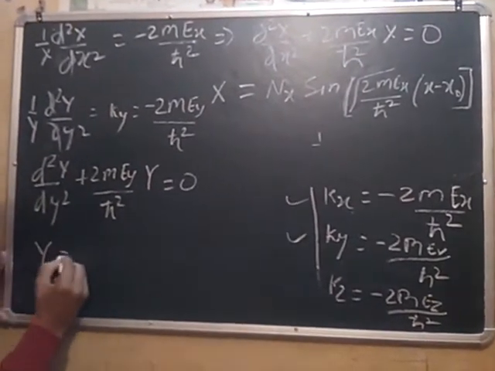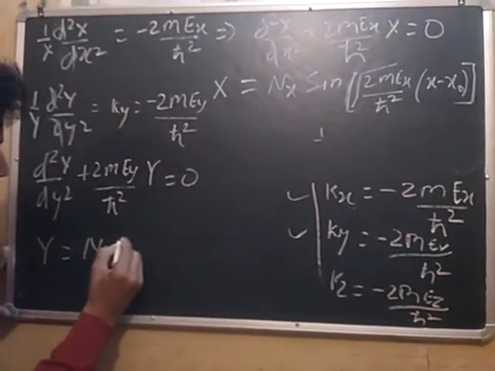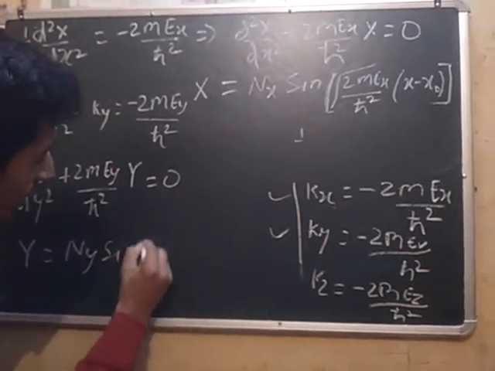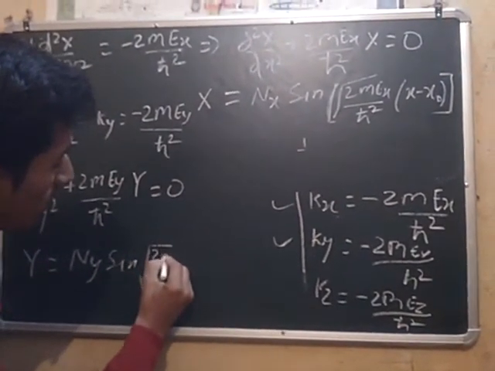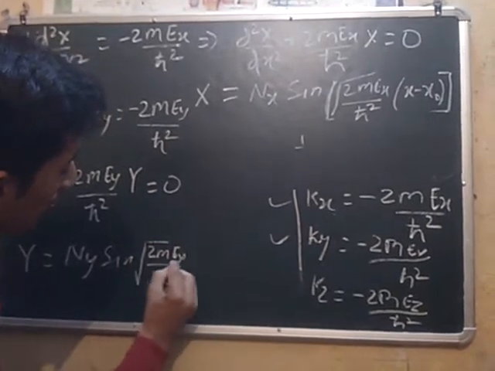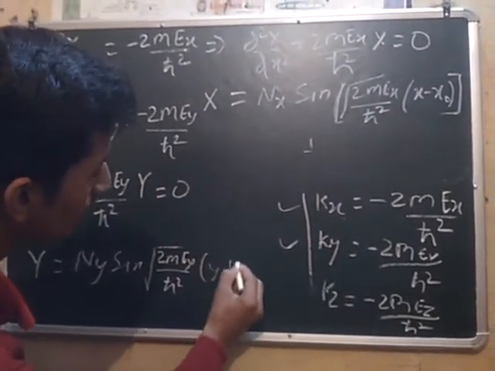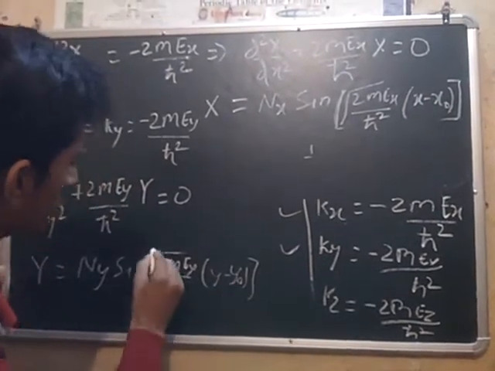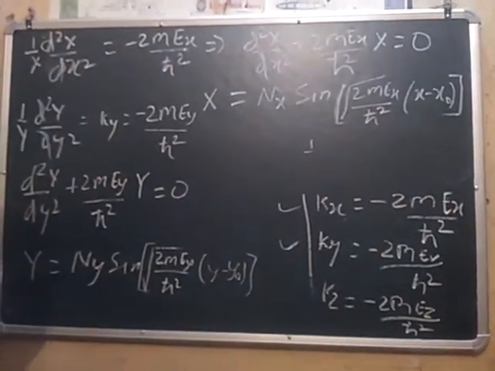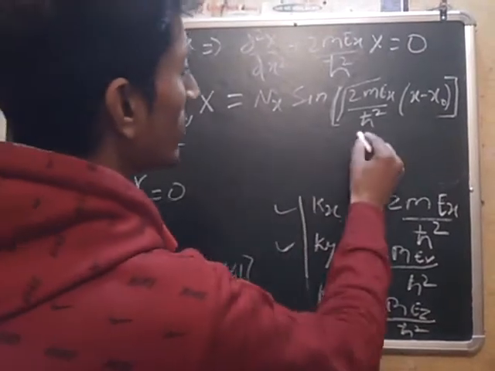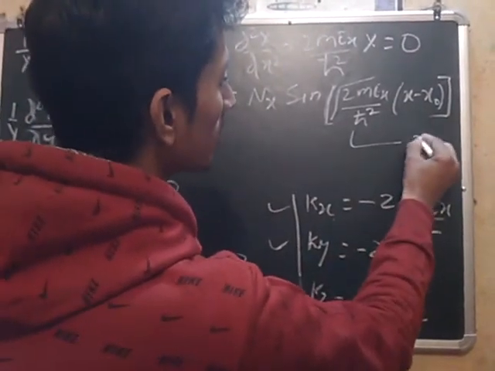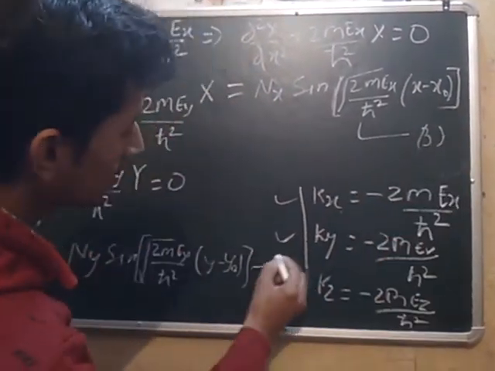So y can be written as ny sine under root 2m Ey upon h bar square into y minus y naught. This is equation 3, 4.